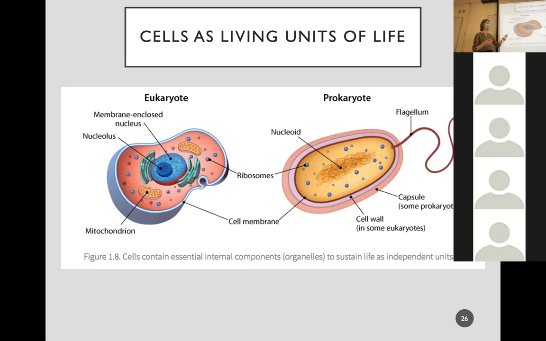For the most part, we're talking about eukaryotic cells because we're eukaryotic organisms, which means we have all these little organelles within our cells that do very specific functions. So we have a nucleus, we have mitochondria to produce energy, we have the endoplasmic reticulum, ribosomes, and we'll go through all of these again when we go through the cell. So we're focusing on eukaryotes. I just wanted to remind you of these two main cell types.